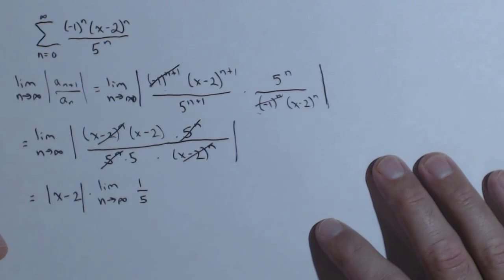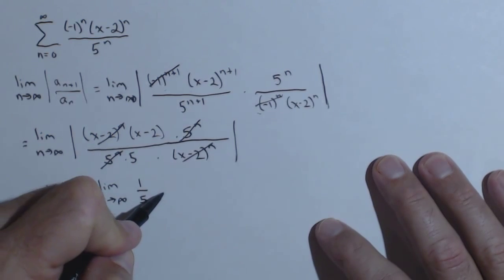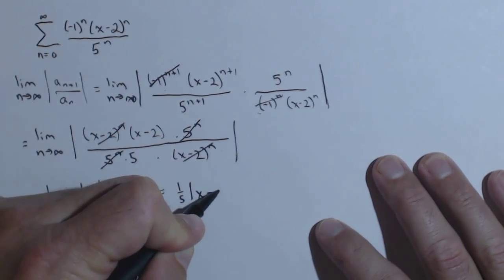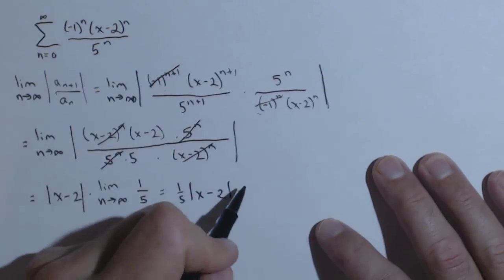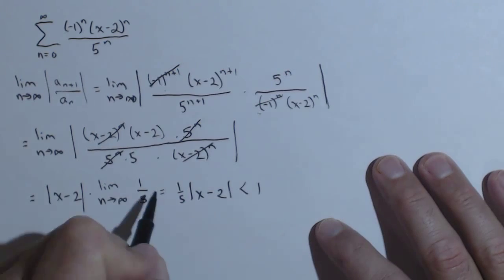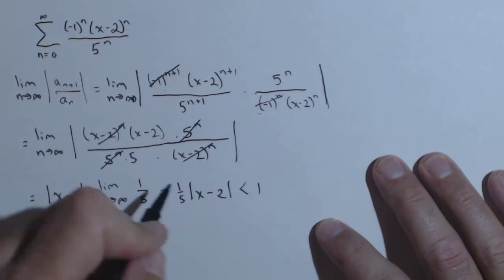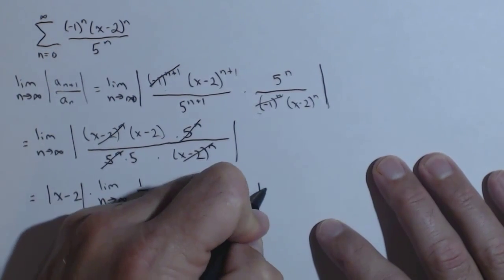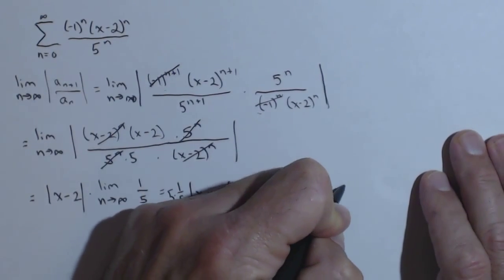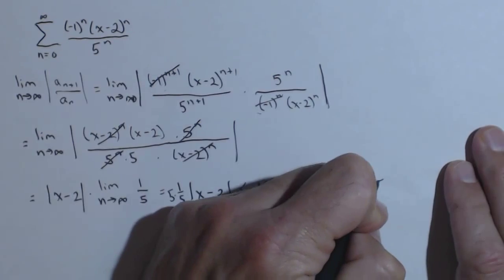And the limit of a constant is just itself. So this equals 1/5 times the absolute value of x minus 2. And our goal is to have this be less than 1. Well, we can multiply both sides by 5. And what that gives us is the absolute value of x minus 2 is less than 5.